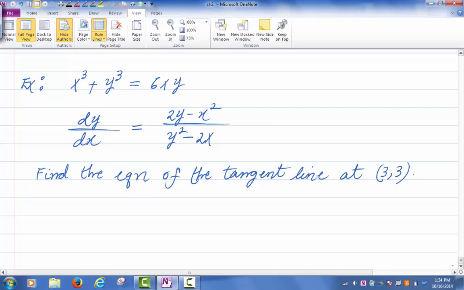Well, you need the slope of the tangent line, which will be given by the value of the derivative at that point. So what's the value of the derivative at this point (3, 3)?